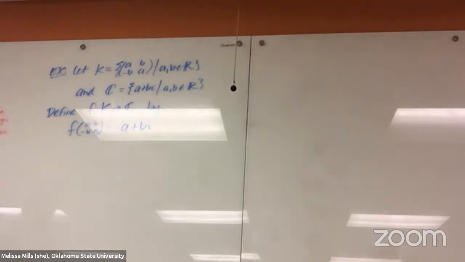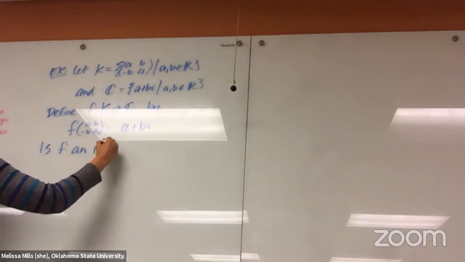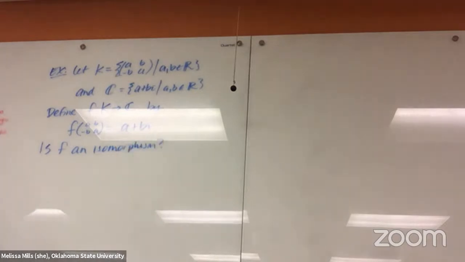Okay, so here's the question. Is F an isomorphism? So we have to check. Well, what do you want to start with? We could start anywhere. Is it going to be injective, surjective, and have those homomorphism properties?